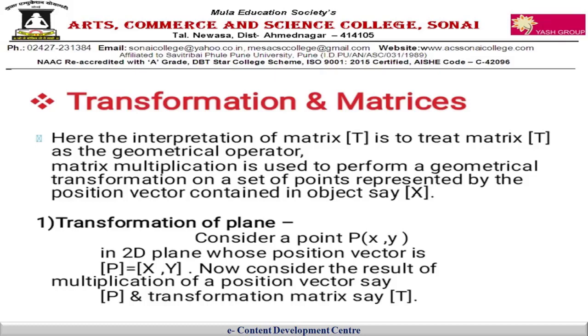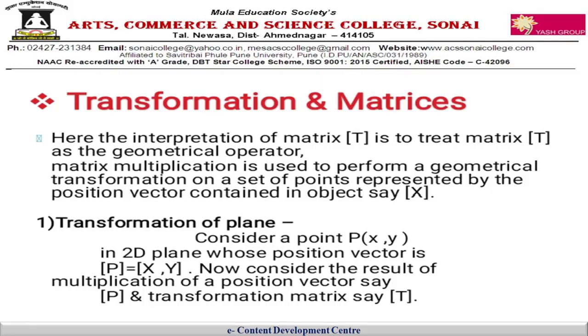Matrix multiplication is used to perform a geometrical transformation on a set of points represented by the position vectors contained in the object, say X. That is, the matrix T represents the geometrical operator, and X denotes any object in the 2D plane.